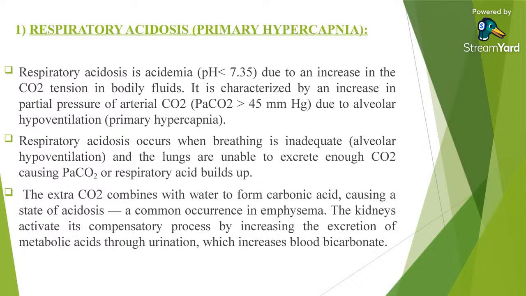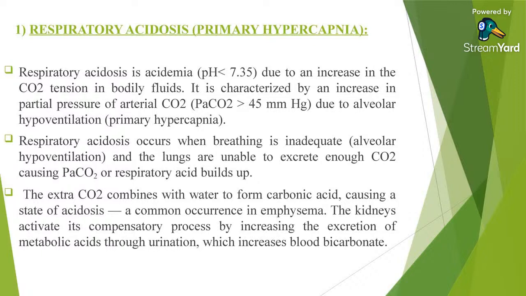It is characterized by an increase in partial pressure of arterial carbon dioxide due to alveolar hypoventilation. Respiratory acidosis occurs when breathing is inadequate, which is also known as alveolar hypoventilation, and the lungs are unable to excrete enough carbon dioxide, which causes partial pressure of carbon dioxide, or respiratory acid, to build up in our body.